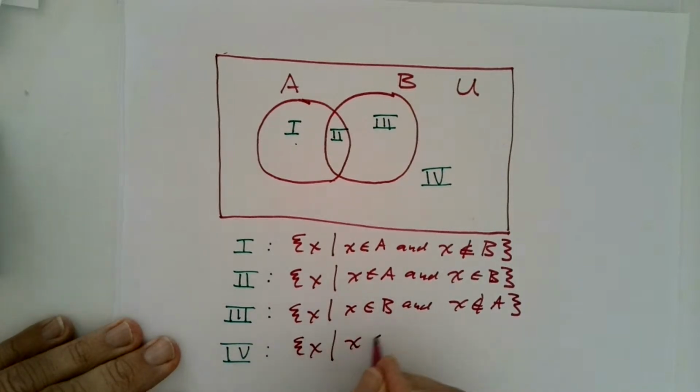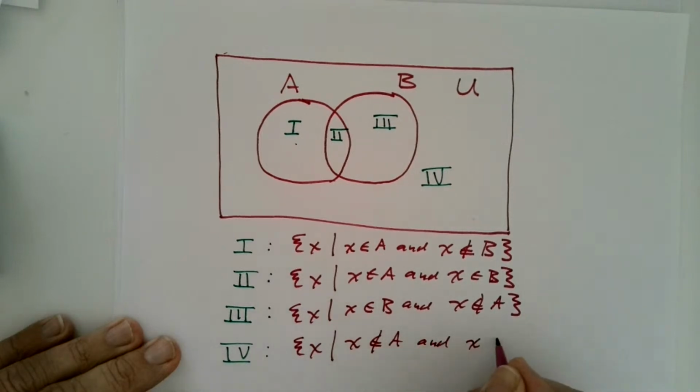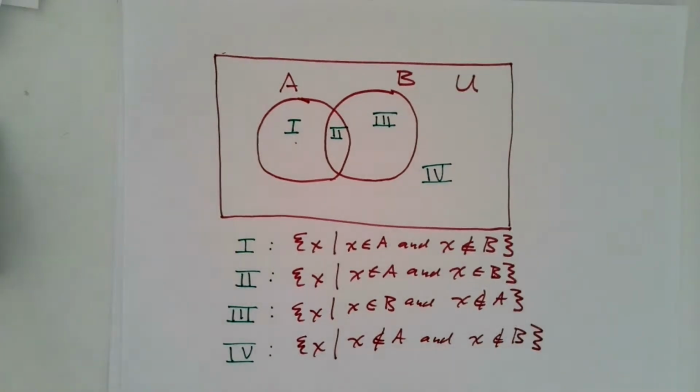X such that X is not in A and X is not in B. So that describes our various regions that we're working with.